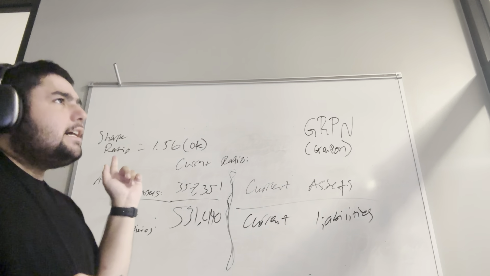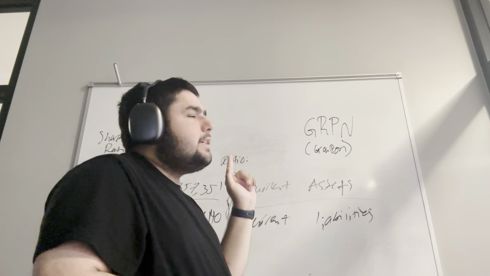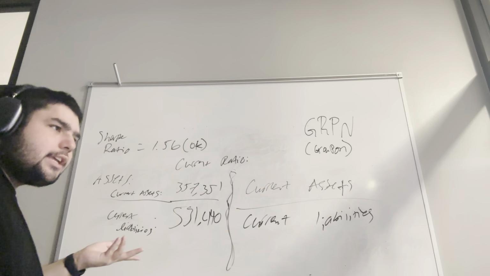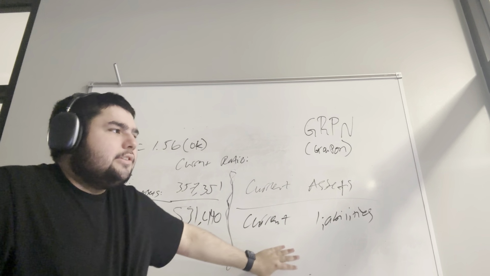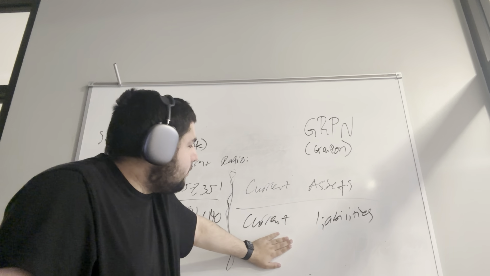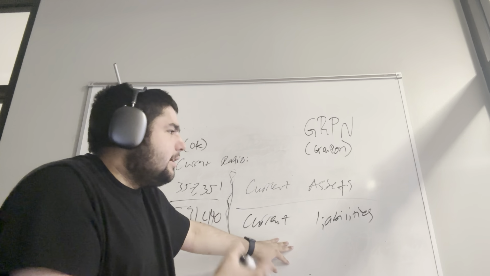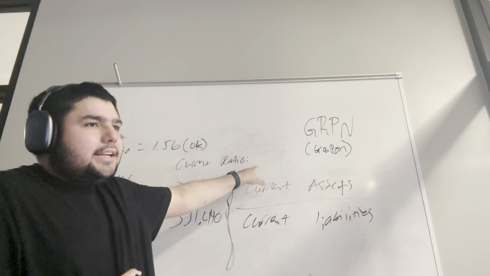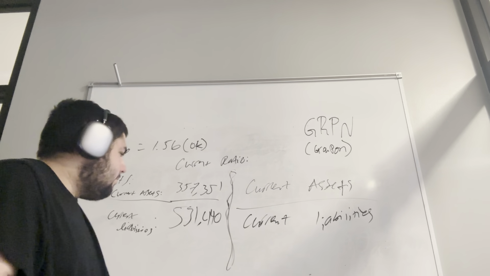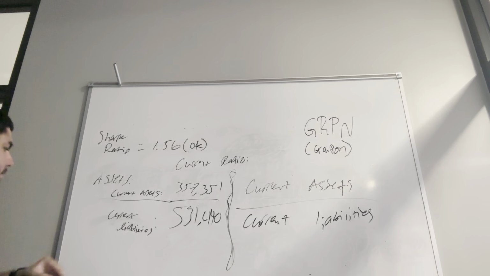In the example I used of having $100 in cash as the asset over a liability of 200, we know that if liabilities are a higher nominal amount than assets, then we're going to have a less than 1 ratio.